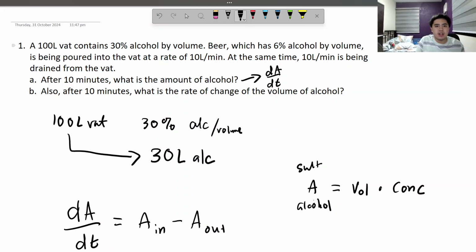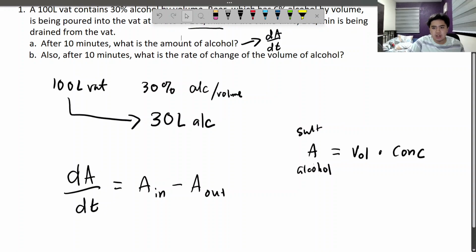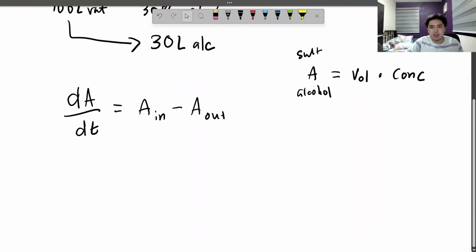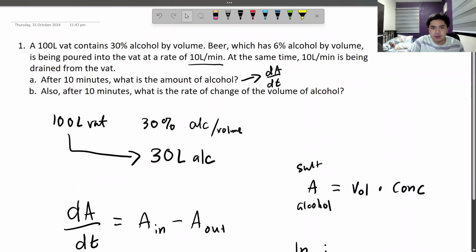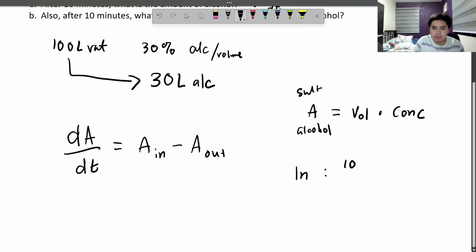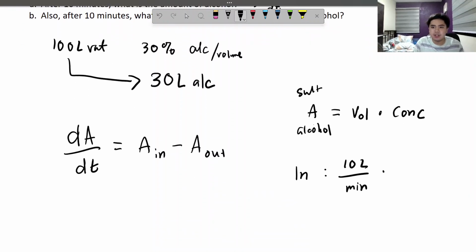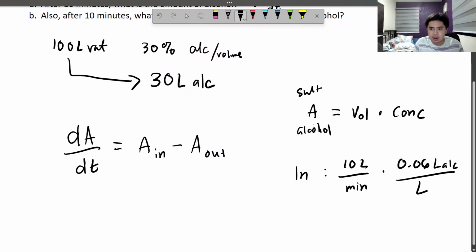Going in, there's 10 liters per minute of beer going in, which is 6% alcohol by volume. So going in, we have the volume, which is 10 liters per minute, and the concentration, which is 6% alcohol by volume. 6% is 0.06 liters alcohol per liter of the solution.